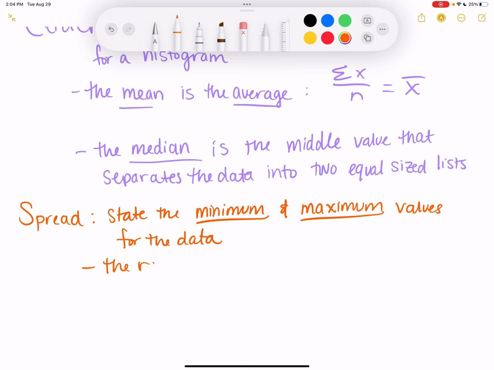The range, so again, should be a familiar word, is the difference between the min and max.